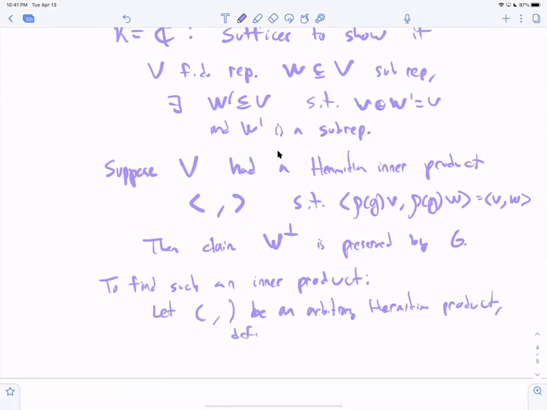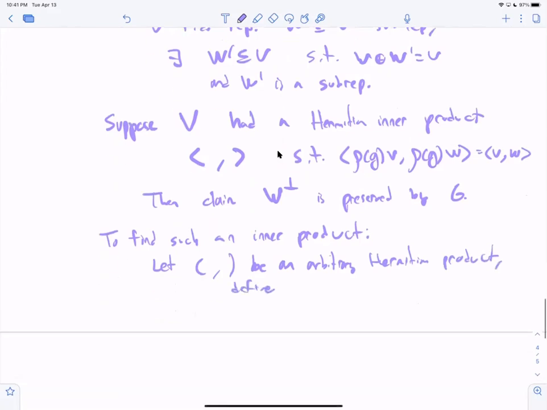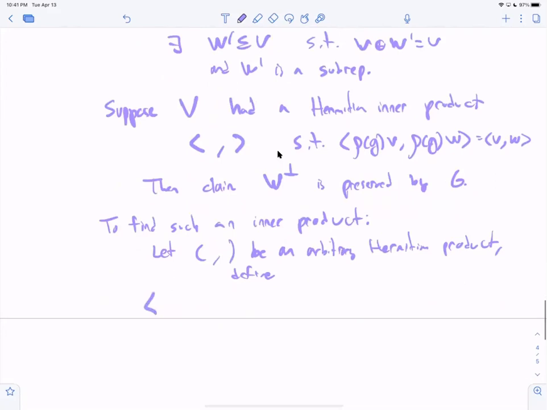You define our brackets inner product, which is going to be G invariant, to be 1 over the size of G times, this constant doesn't matter, but because we're averaging it's nice to put it in, the sum over all elements of G of the parentheses inner product of rho of g times v and rho of g times w.